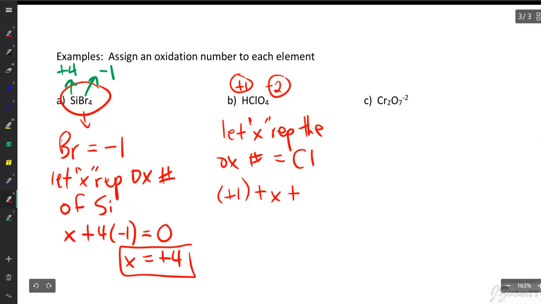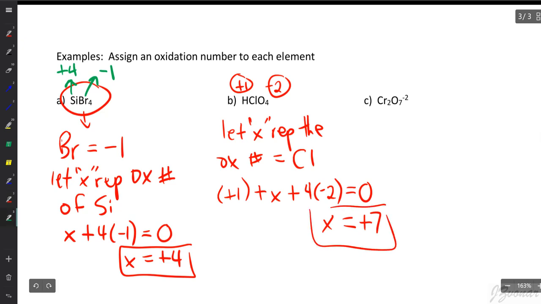And then I have 4 oxygens with each having an oxidation number of -2. This is all going to equal 0 because I know this is a compound and the sum of the oxidation numbers must equal 0. So now I'm going to solve for X. Okay, and so -8 +1 is -7, and when I bring it over to the right side, the oxidation number for chlorine here is going to be +7. All right, so that gives me the oxidation number there.